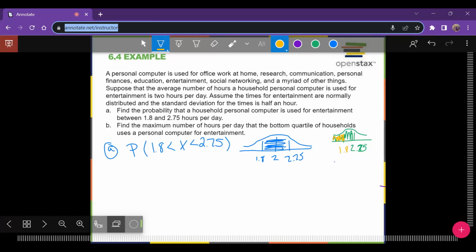So we're actually doing 2 normal distribution functions here and subtracting the smaller from the larger. So we're going to keep that in mind when we're writing our Excel command.